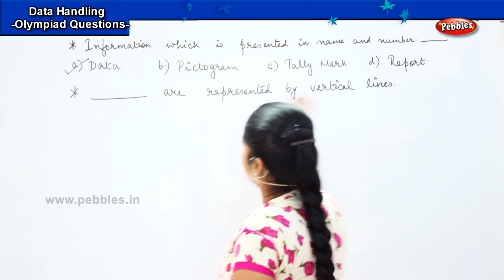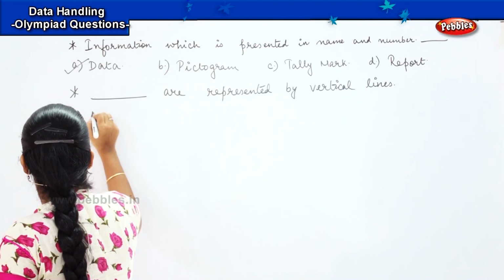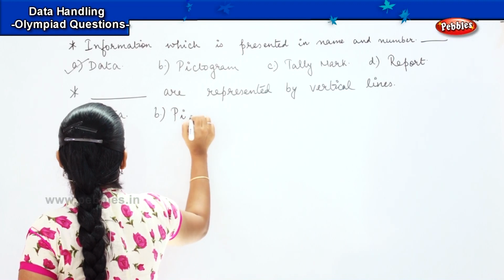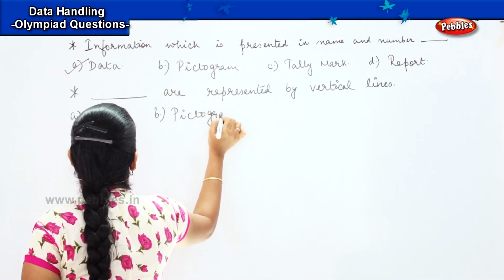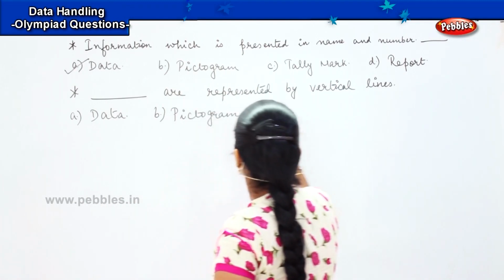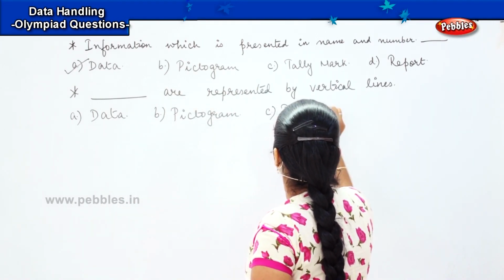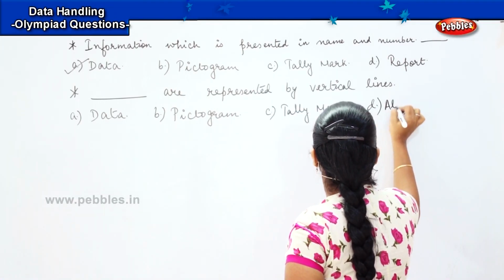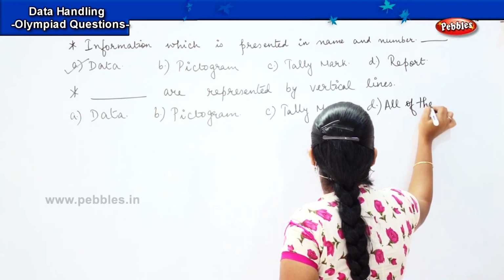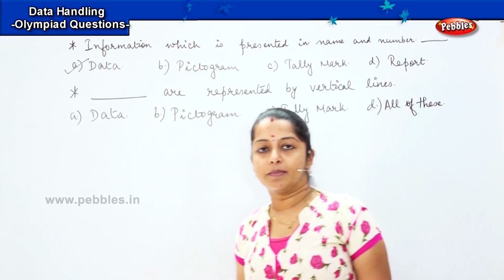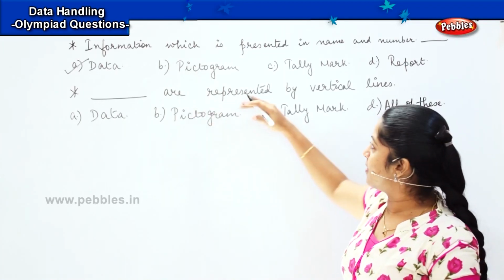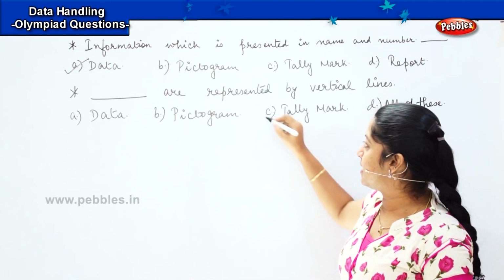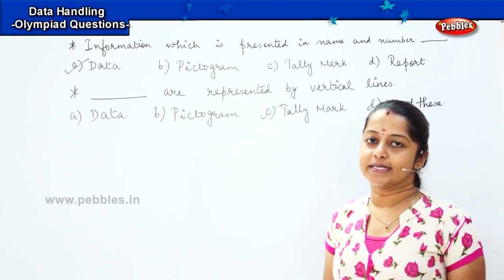Okay, and your options are data, pictogram, tally mark, and all of these. So can you tell me what the answer for this is? Dash are represented by vertical lines. Very good. It is tally mark. So option C is my right answer.